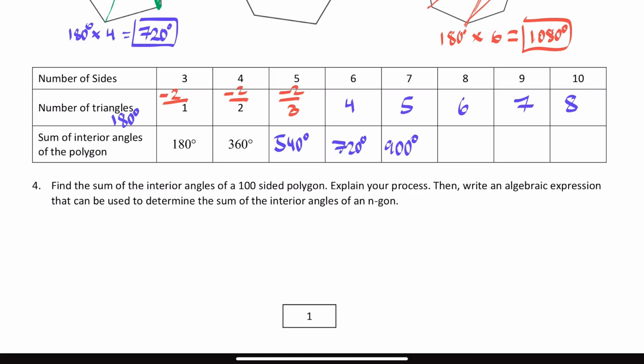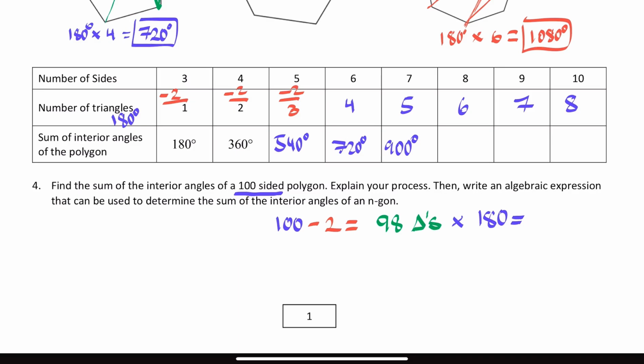So if I am given 100 sides, I'm going to take 100 and subtract 2, and that's going to tell me how many triangles I have. If I drew them all out, we're going to have 98 triangles. And if I have 98 triangles, and I know each one is 180 degrees, then I'm going to multiply this by 180, and that will give me the sum of interior angles of the 100-sided polygon.